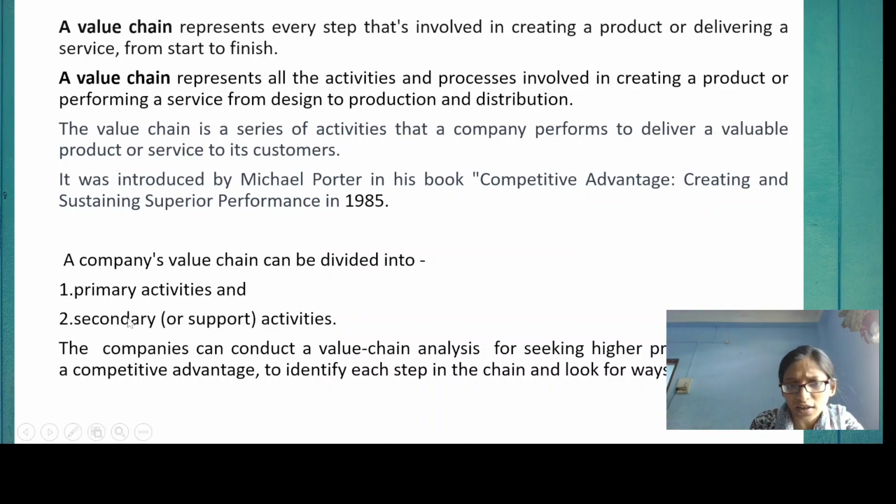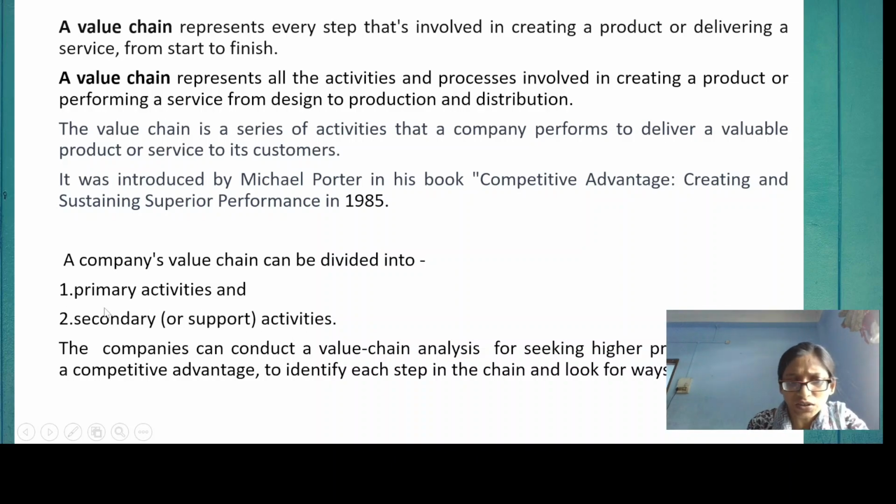But in secondary activities, maybe we'll talk about HR or the marketing and sales department, because without an effective team we will not be able to perform or deliver our products efficiently. So proper advertising should be done, and all those aspects will come under secondary activities.